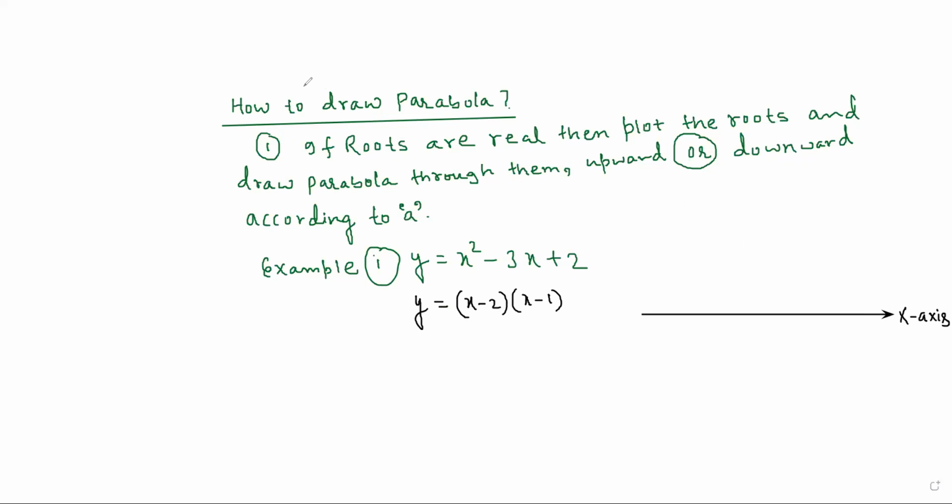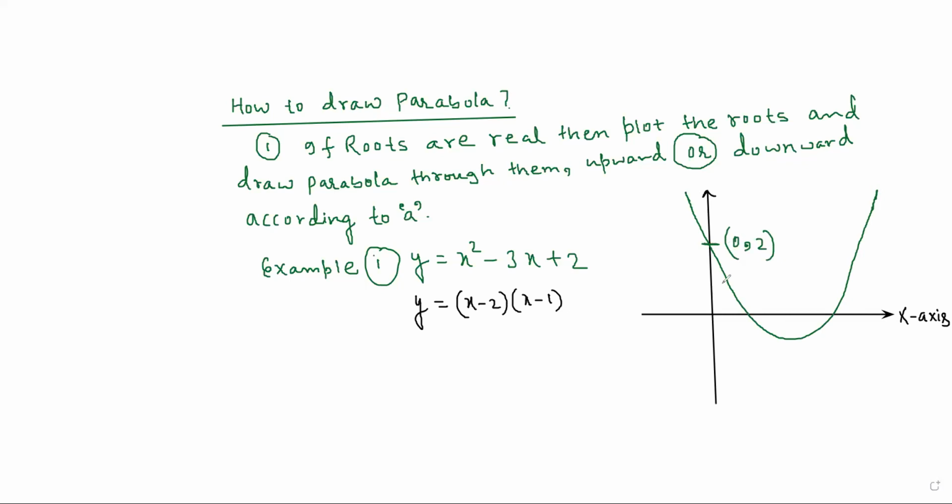And this is the y-axis. So two distinct roots. The shape of the parabola is like this. This is 0 comma c, or 0 comma 2.